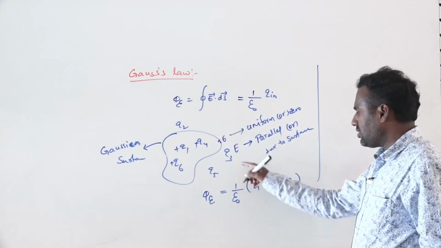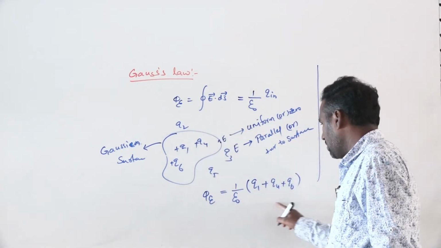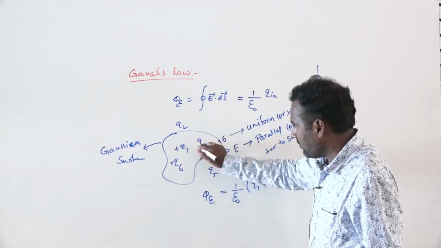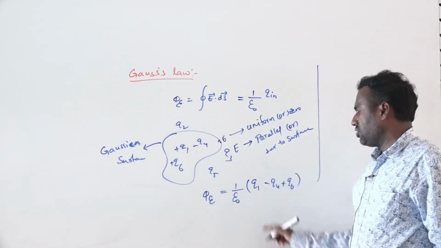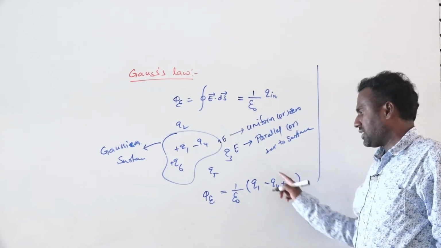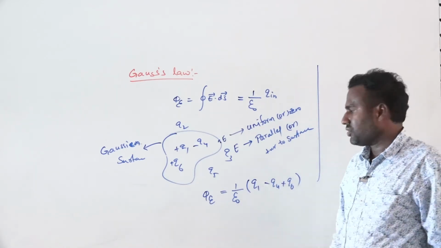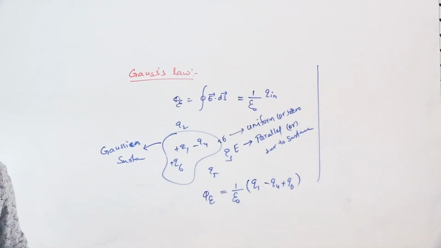The flux enclosed within the surface is 1 by epsilon naught times the total charge. If there are negative charges, let us suppose Q1 and Q4 are negative, then we should write minus Q1 minus Q4 plus Q6. It is an algebraic sum of charges. So, this gives the electric flux due to the Gaussian surface.